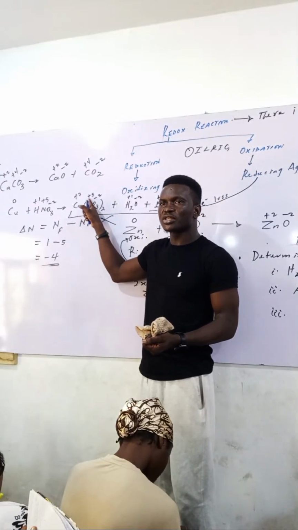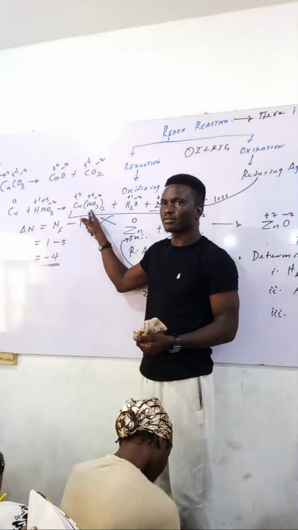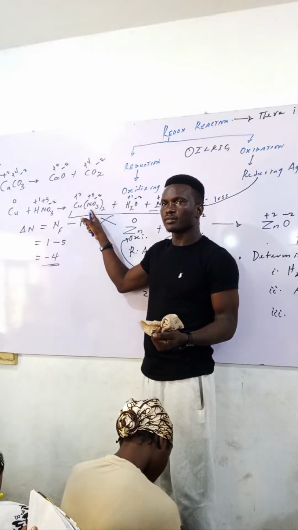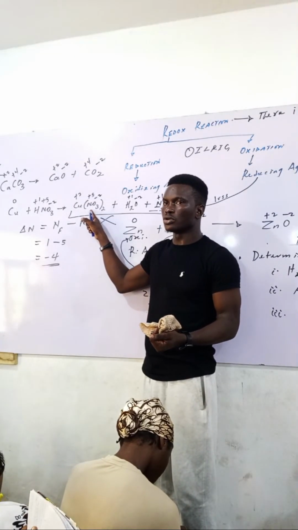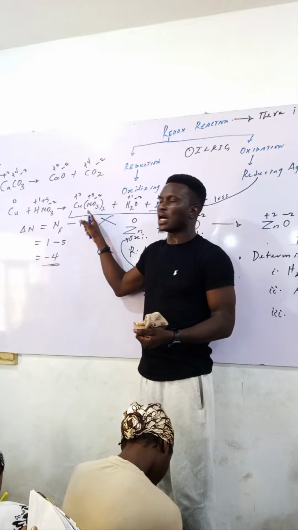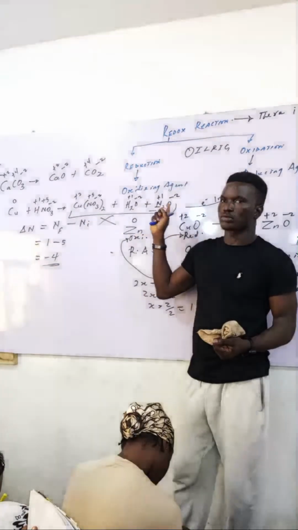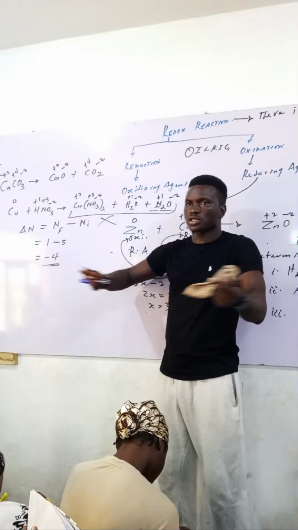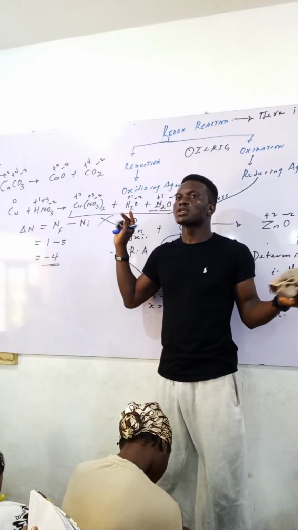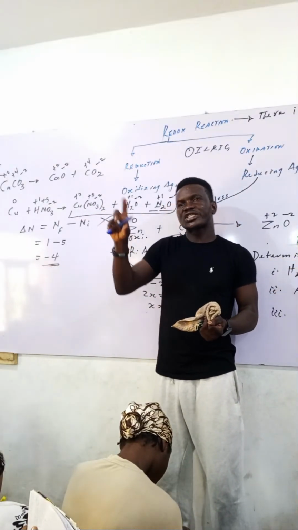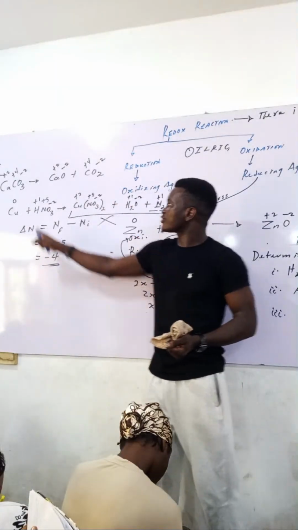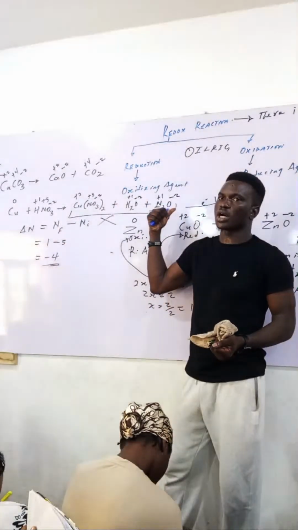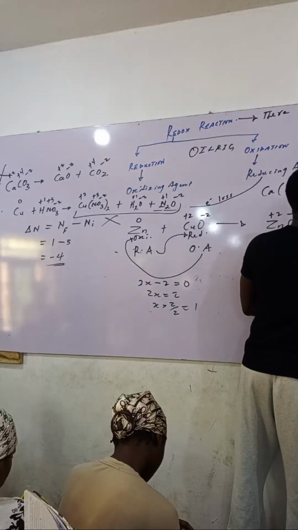Nitrogen here still remains +5 here. You are not going to add this to this. This one did not change, so it has nothing to do with it. They said change in. So it changed from +5 here to +1 here. That's what we have done.